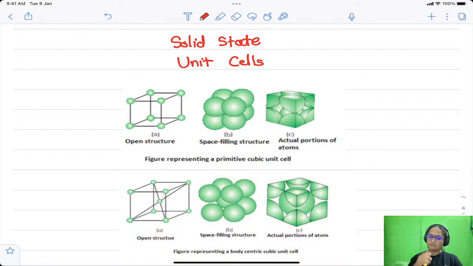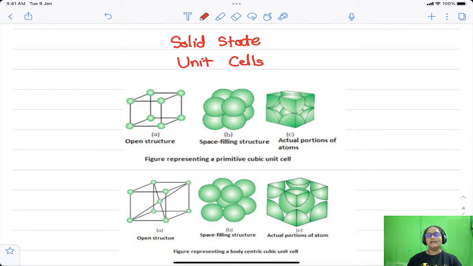So if I assume that one room in that building is nothing but a cube, that cube will be representative of all the other rooms available in that whole building. Therefore that room or that cube is called the unit cell.